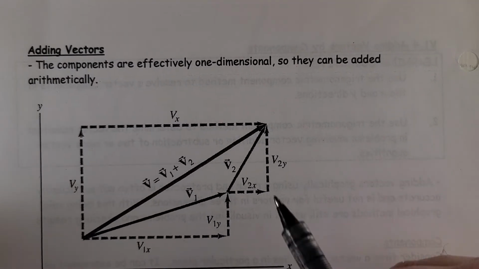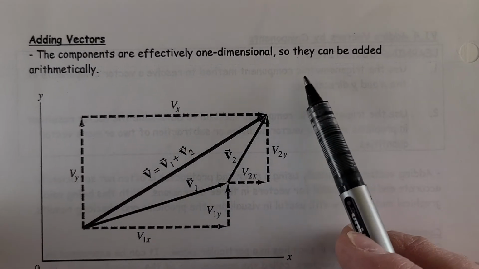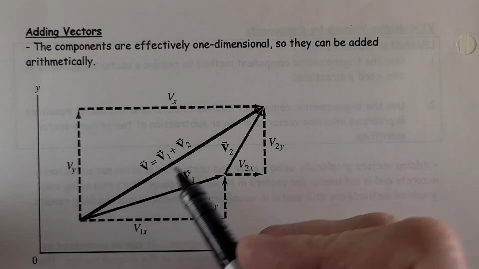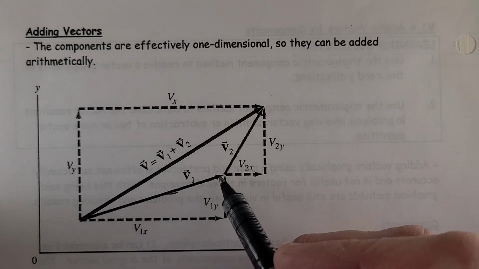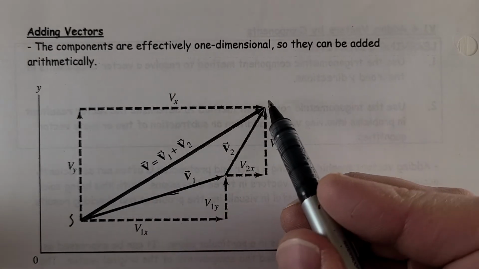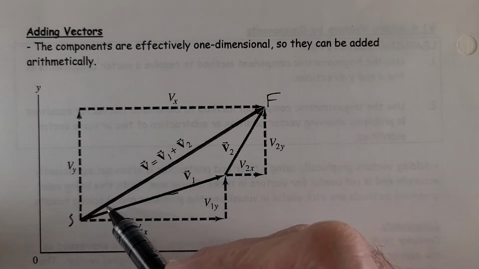If we flip to the next page, we can see the components are effectively one-dimensional, so they can be added. If I was finding this vector v here, and it's made up of v1 plus v2, we would draw it just like that, go from start to finish, figure out v and then figure out the angle.